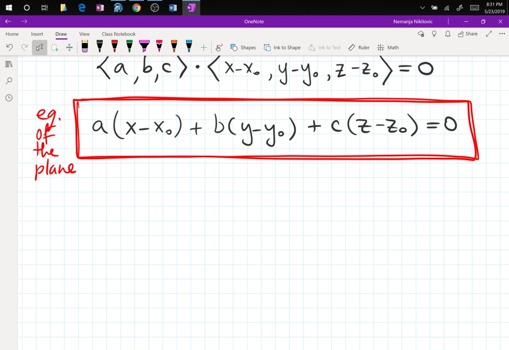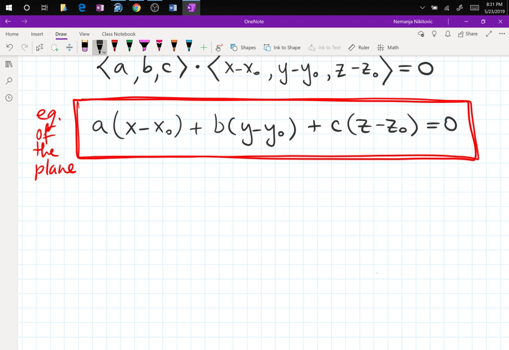Now, it doesn't matter if you are using the normal vector pointing up or down. Look at the equation. It's equal to 0. If I switch all of the signs for A, B, and C, that's equivalent to multiplying both sides of the equation by -1. The right-hand side technically doesn't change at all, because it's 0. So it doesn't matter which way you cross your vectors to get the equation of the plane.